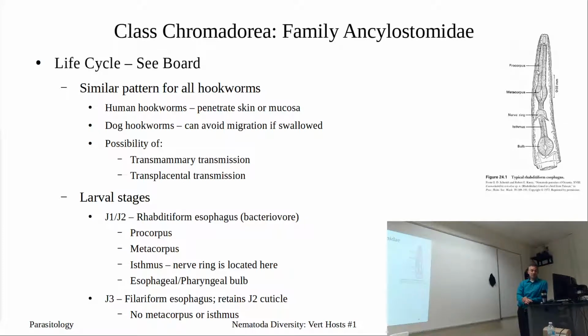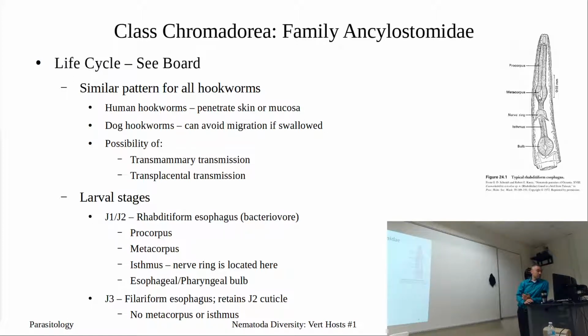But we've got the anterior muscular part with a slight enlargement, a narrowing, and then an enlargement right near our intestinal junction. All right, and they've got different names for this. So this part here is called the procorpus, basically the first part of the esophagus.